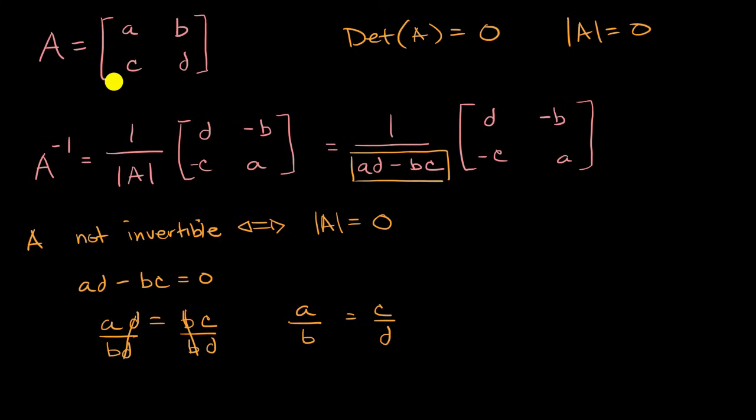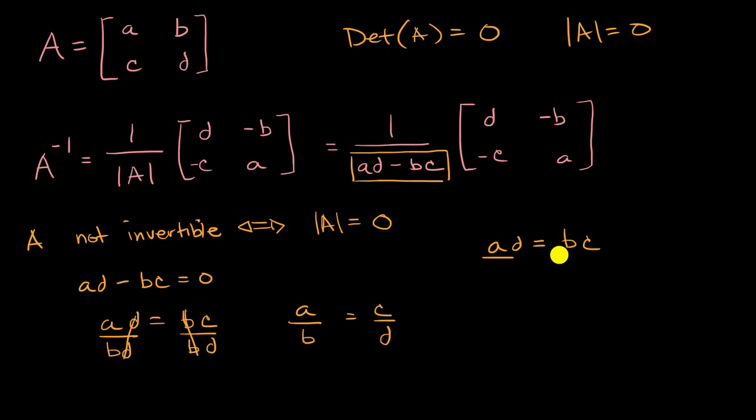So you could think of it as the ratio between A and B is equivalent to the ratio between C and D. You could also think about it the other way. Let's start with that original equation, AD is equal to BC.